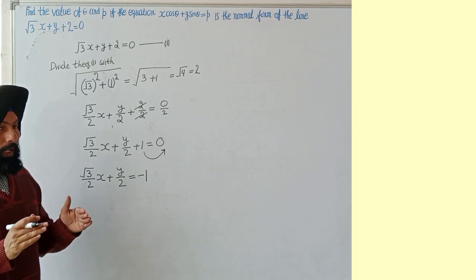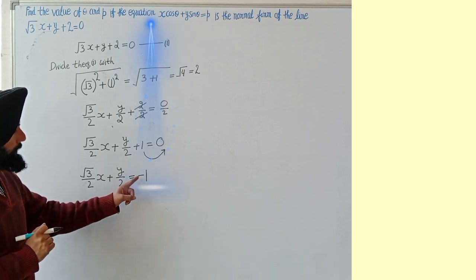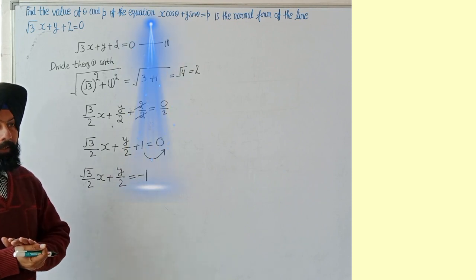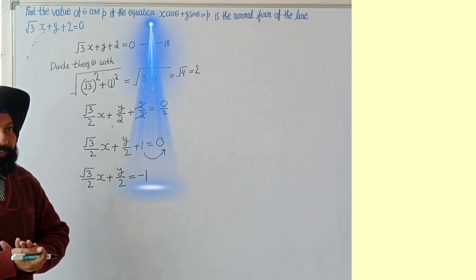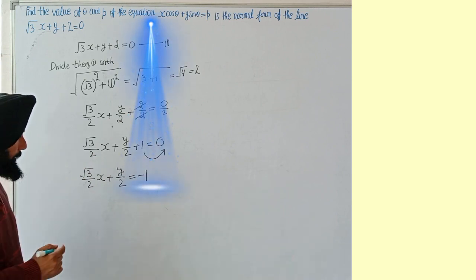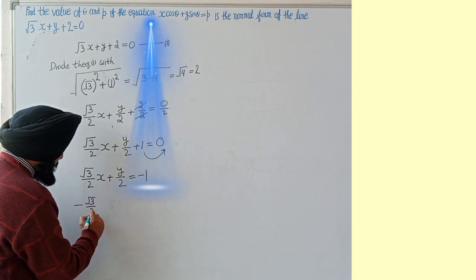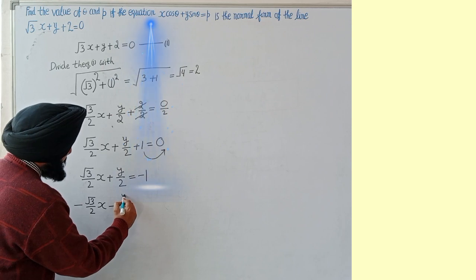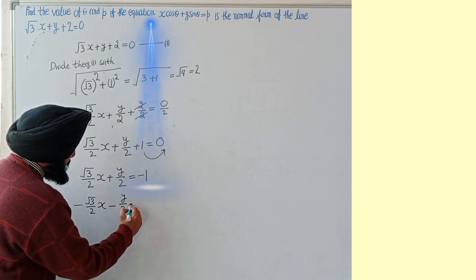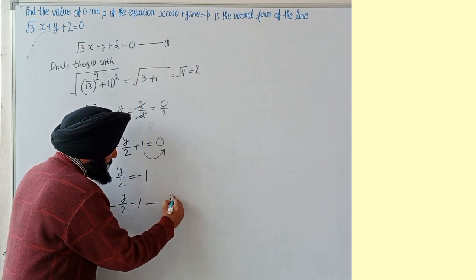Now our second step, we want to change this negative 1 to positive 1. So multiply whole of the equation with negative 1. So this becomes under root 3 over 2x negative y over 2 equal to 1. I consider it equation number 2.